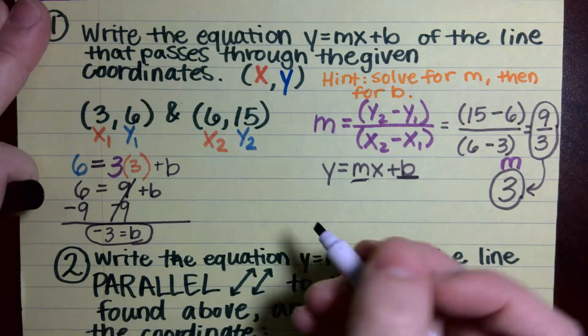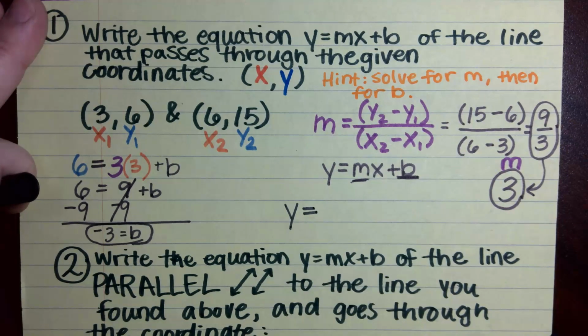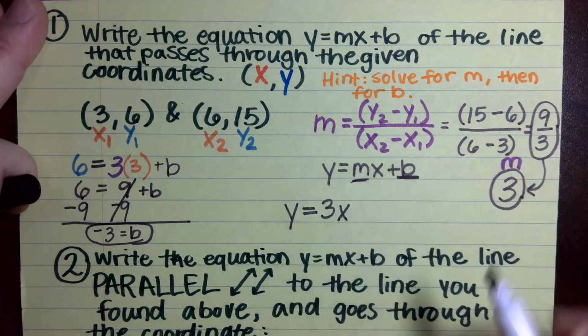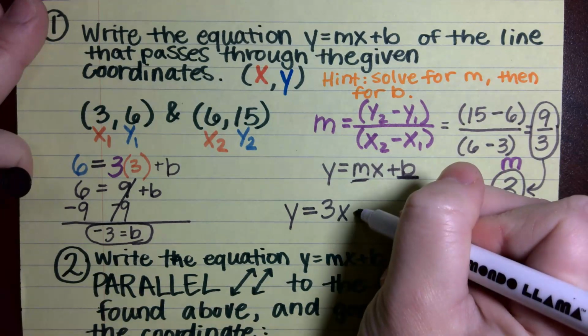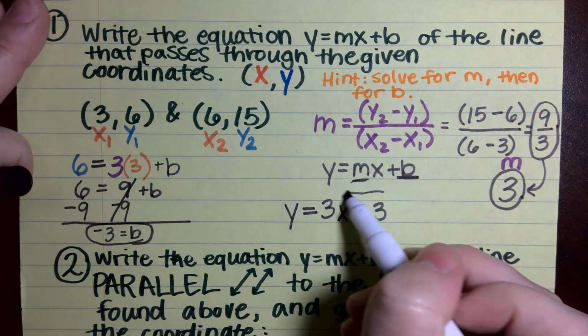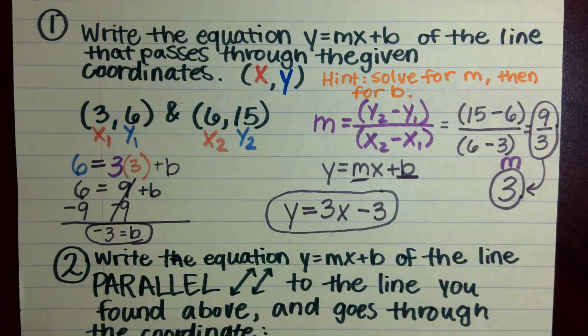So we are going to put y equals what? 3x. 3 for m. So 3x. And then yes, we got a negative 3, so we're going to just write minus 3. Y equals 3x minus 3. That's our equation, guys. Good job. Did anybody get something different?